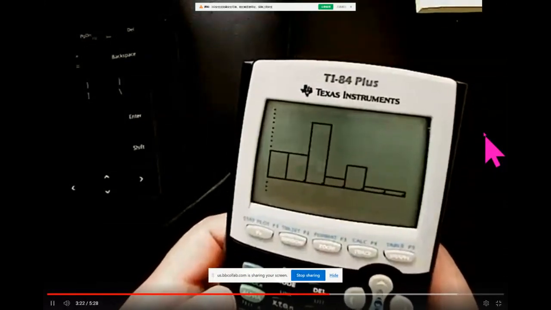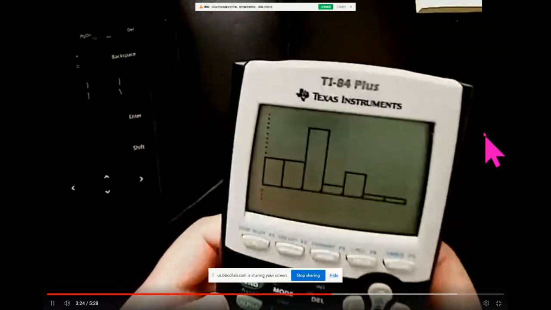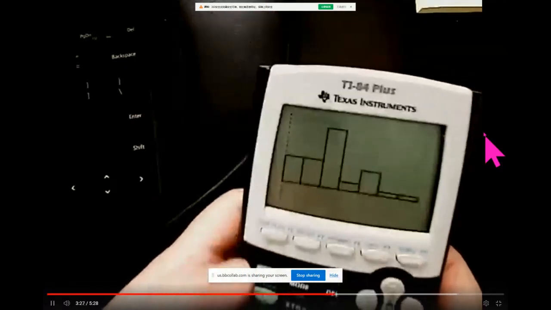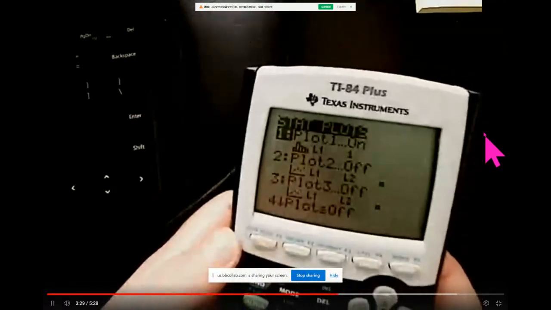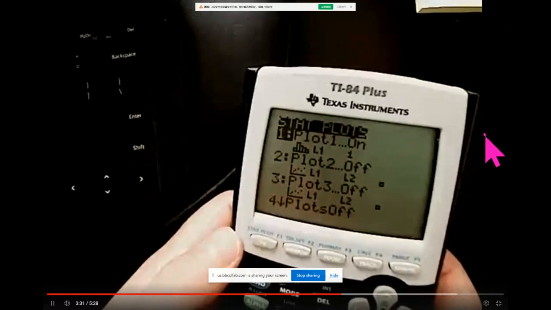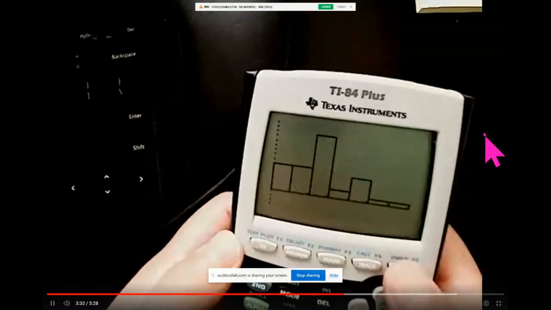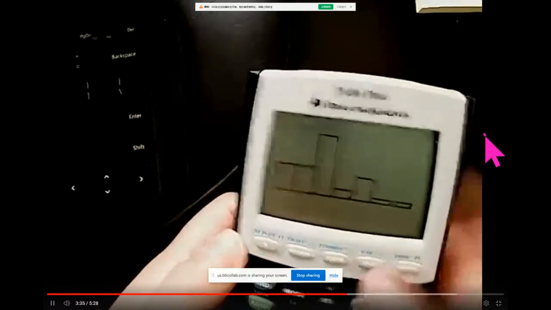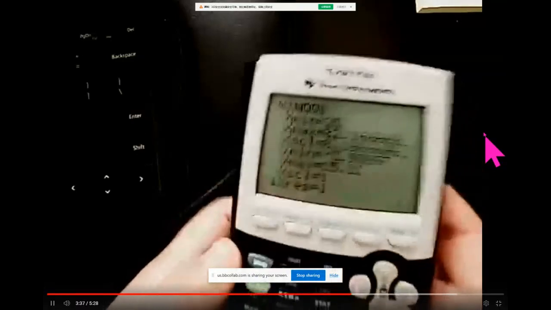I think something wrong with here, but this one looks different because you have to change the window. Go to window. Yeah, we should go to window, okay?